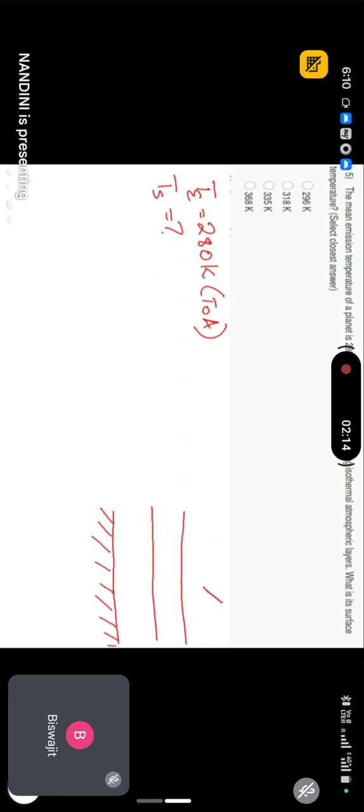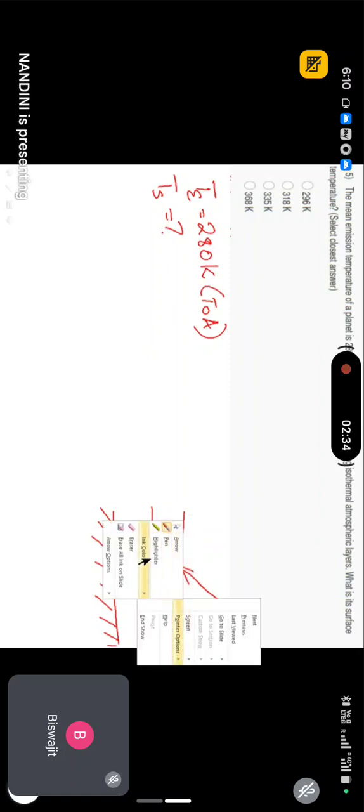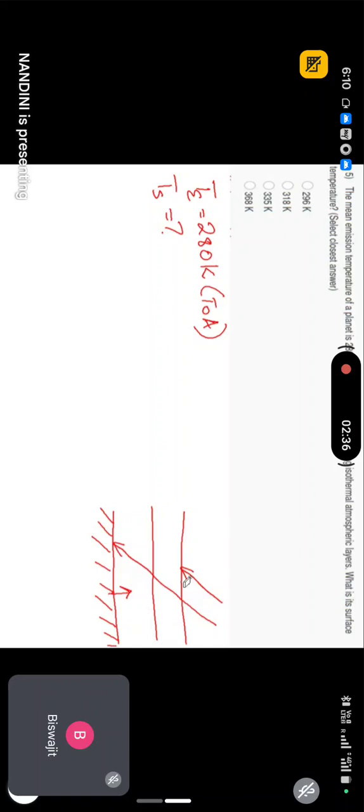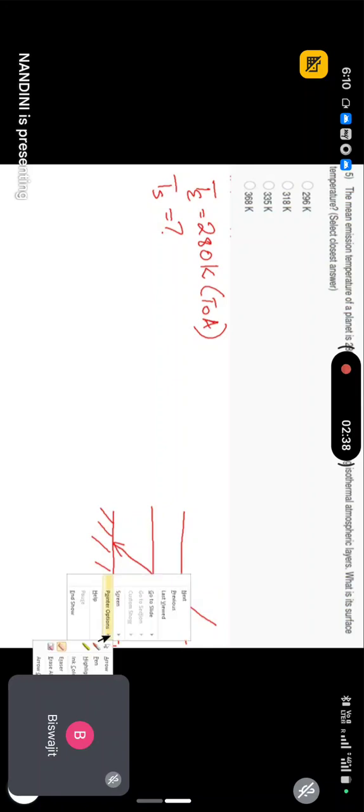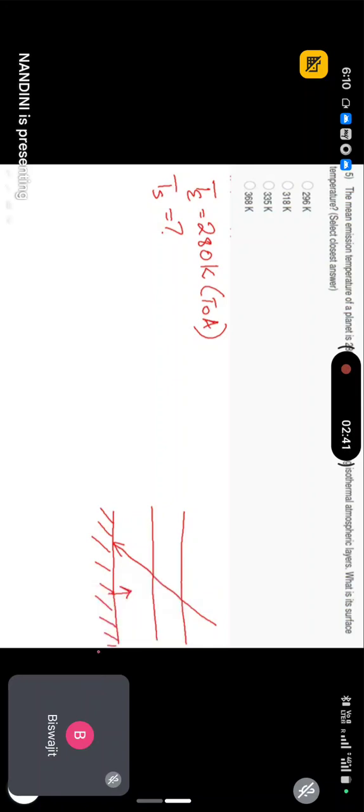Suppose this is the incoming solar radiation incident on the surface of the Earth. After it reaches the surface, the surface starts re-emitting radiation, which is given by sigma Ts raised to 4.